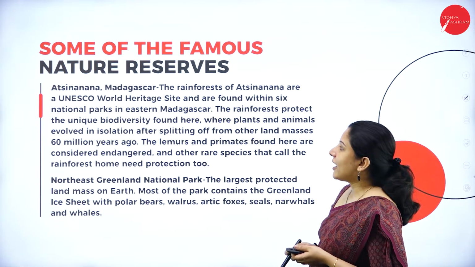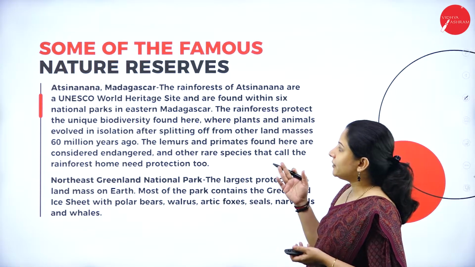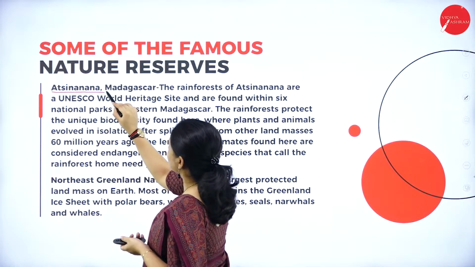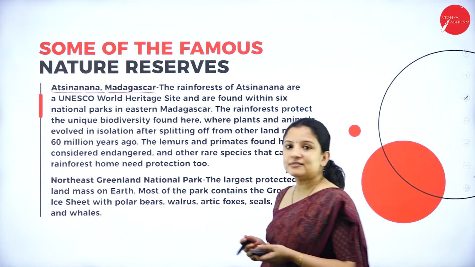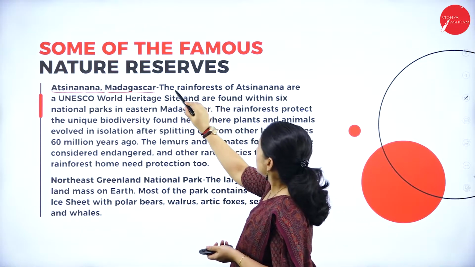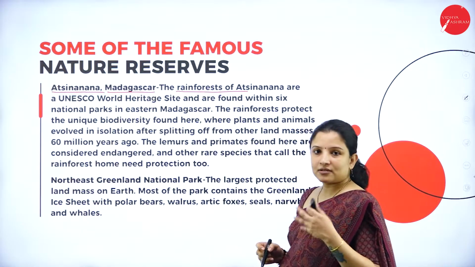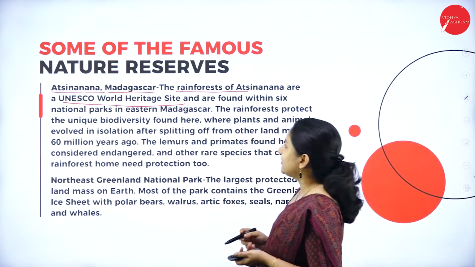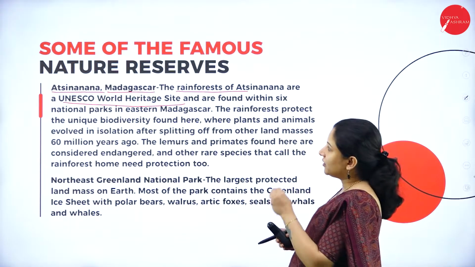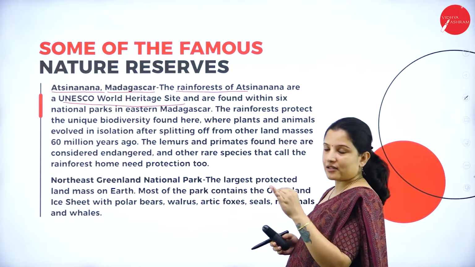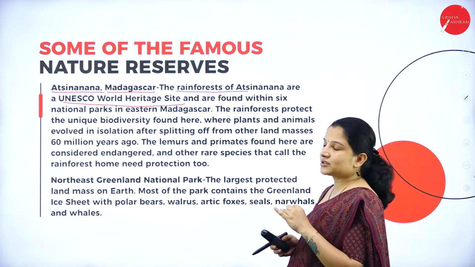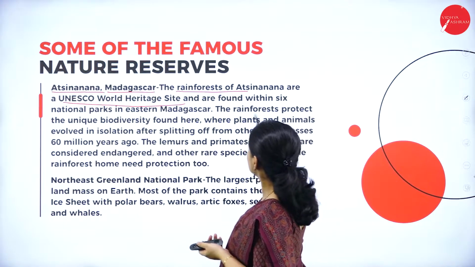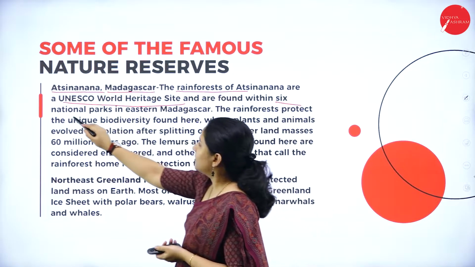Next is Atsinanana in Madagascar. So this national park, Atsinanana, which is there in Madagascar, is a rainforest and it is a UNESCO World Heritage Site. Within that region itself, it has about 6 national parks.